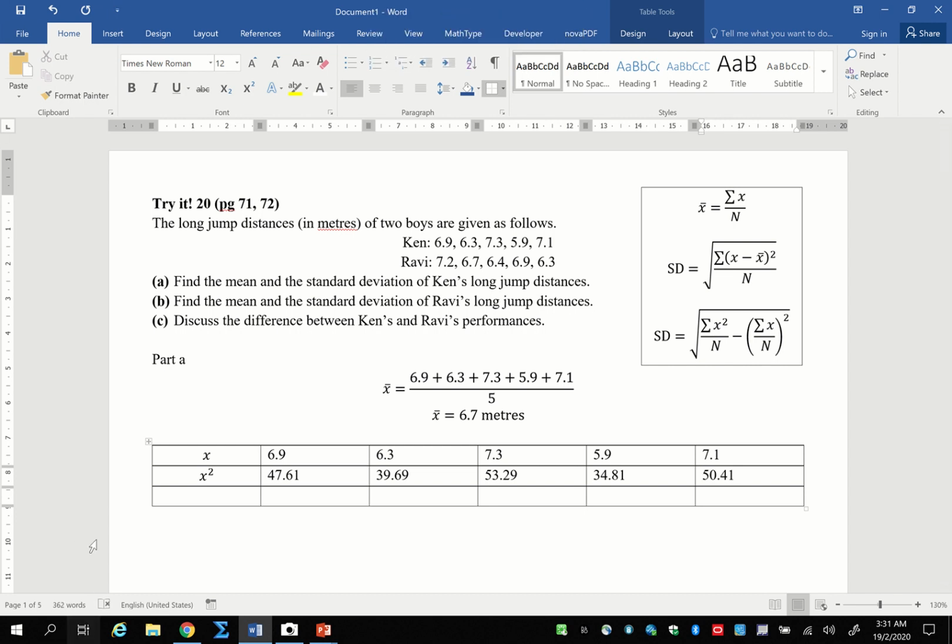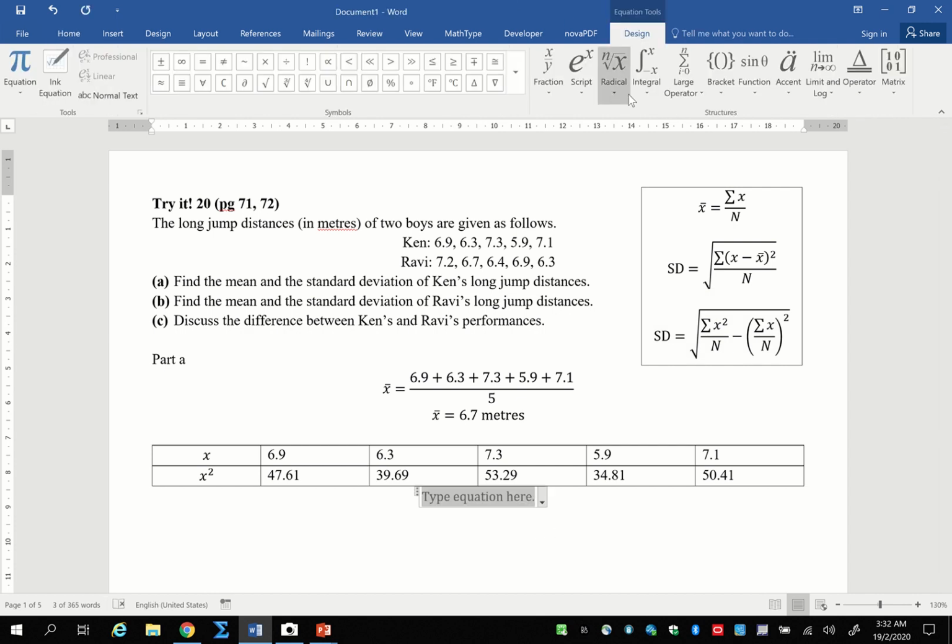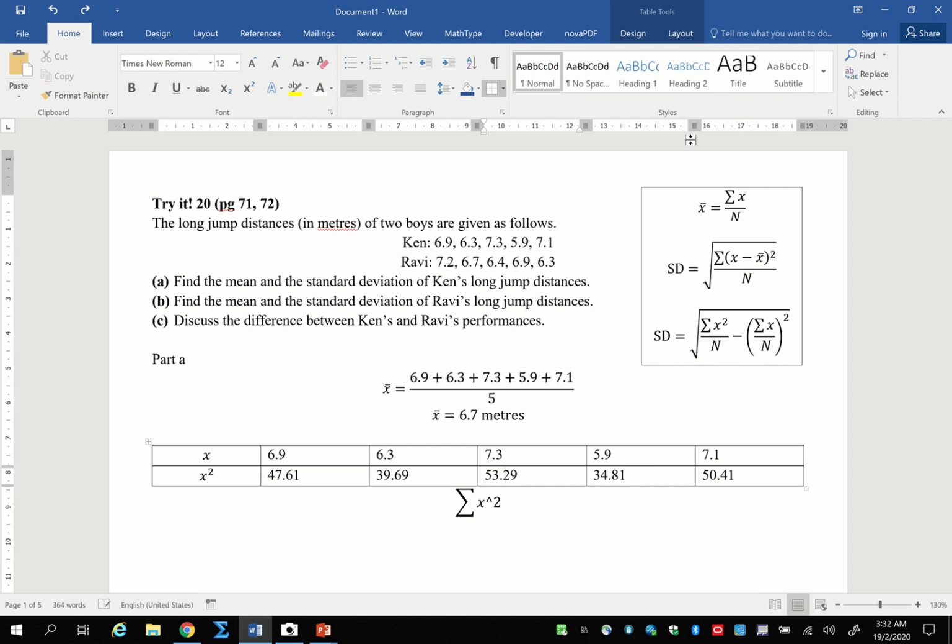Alright, what we will do next after we have found x squared is to find each of the things that we need to calculate to find standard deviation. So over here we need to find the sum of x squared. What you will do is add everything up together.